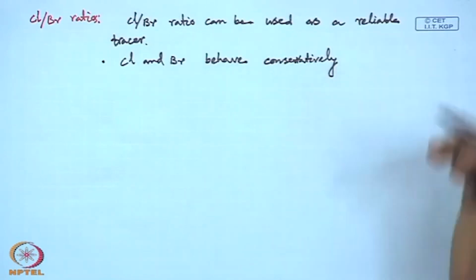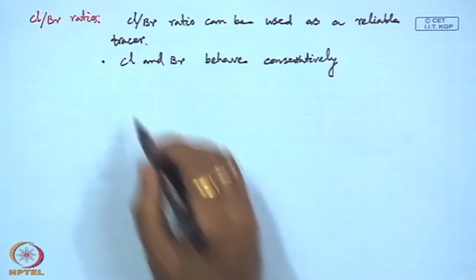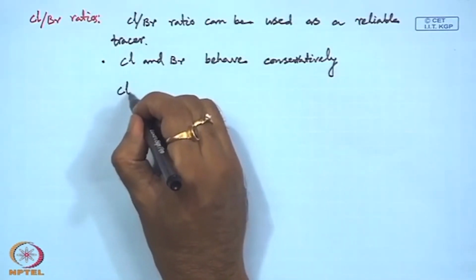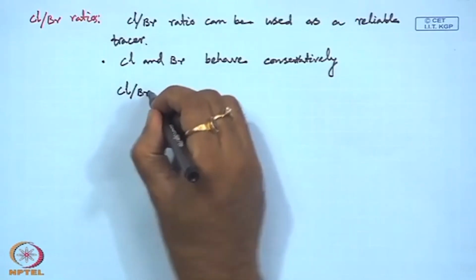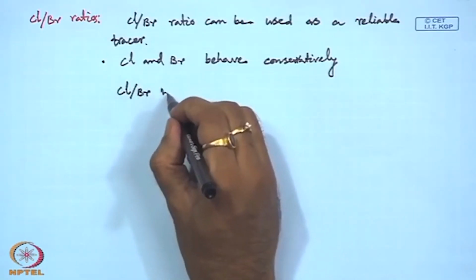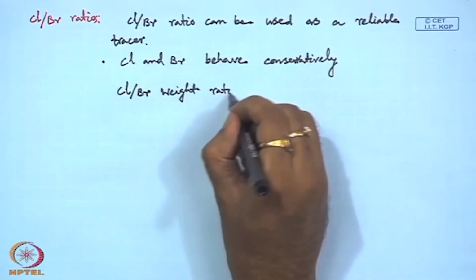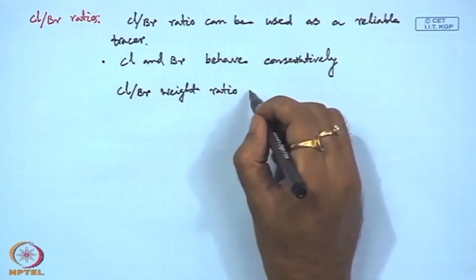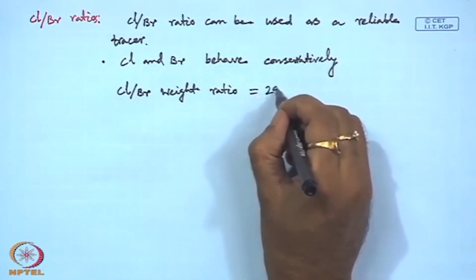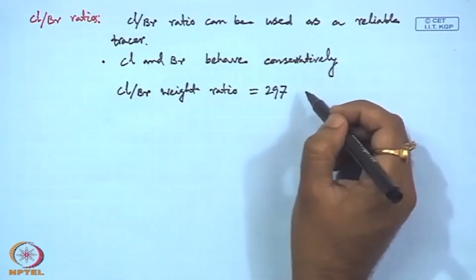In case of seawater, this Cl to Br weight ratio is approximately 297.